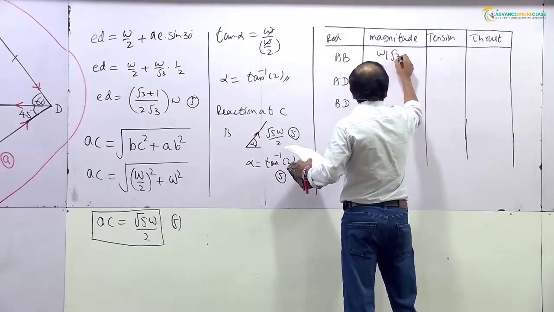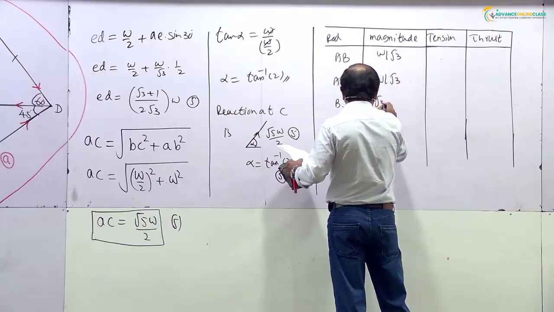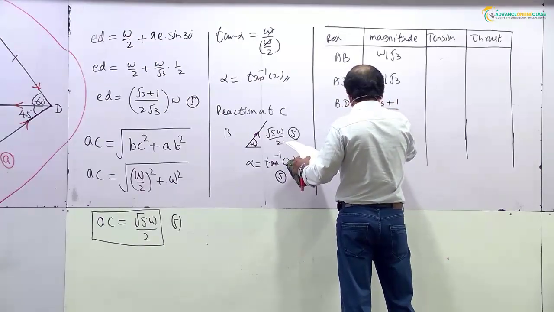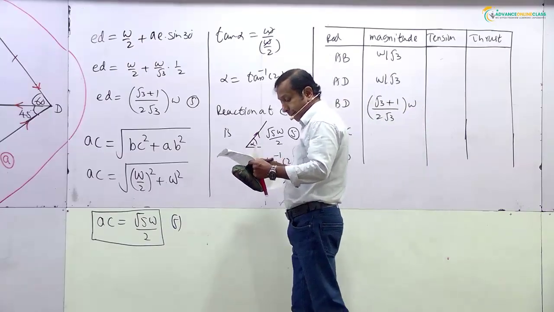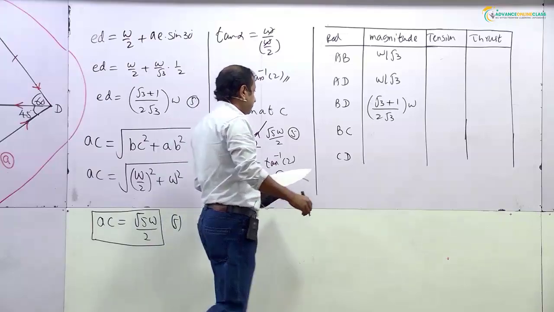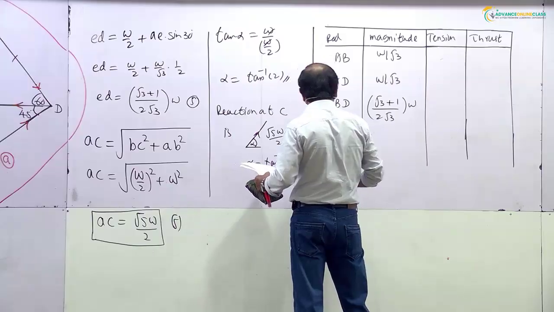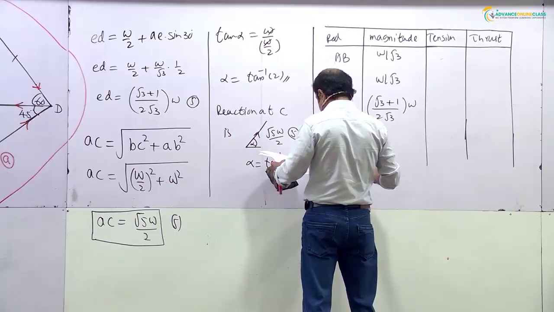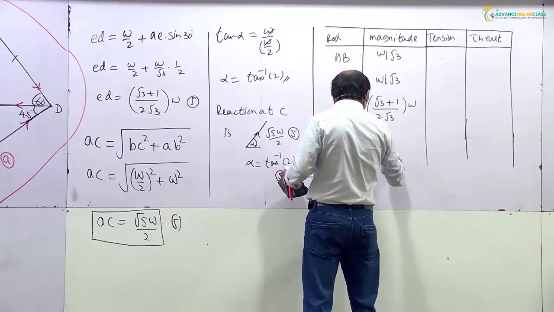Here, W over root 3, W over root 3, plus 1 over 2 root 3, W, right. BC, W by 2, CD, W over root 2.